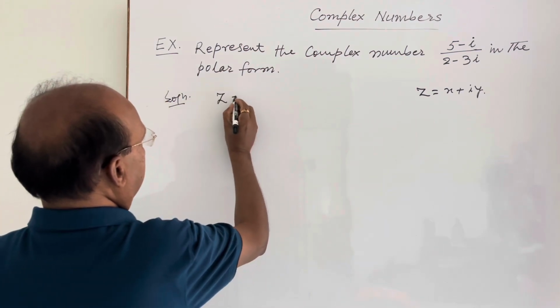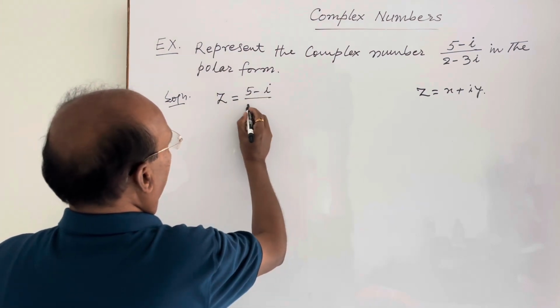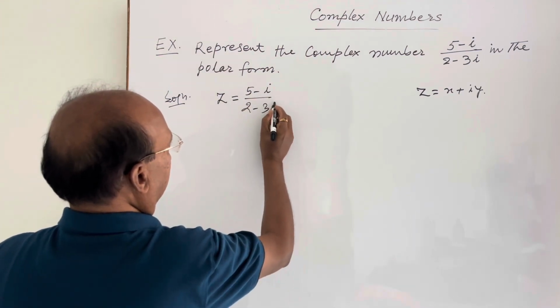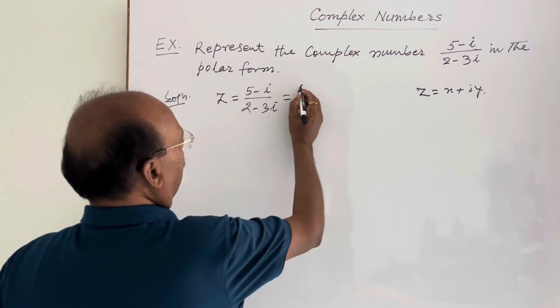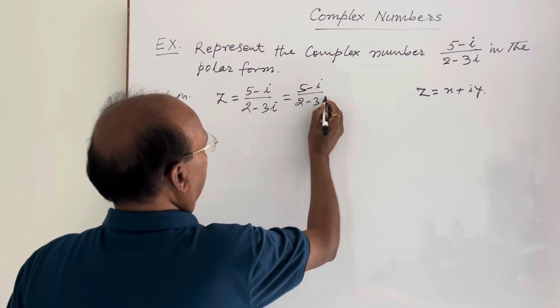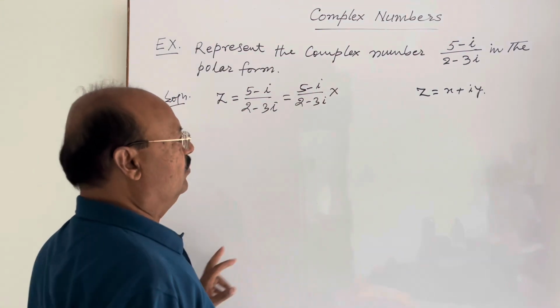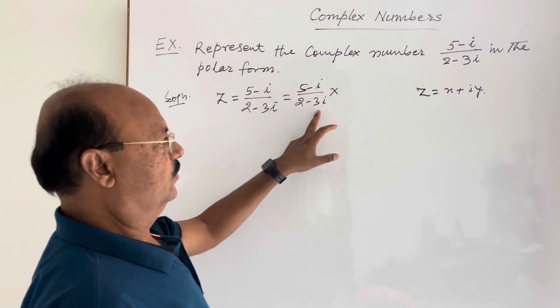Here let us suppose z is (5 - i)/(2 - 3i). Here we will multiply numerator and denominator by the conjugate of the denominator.